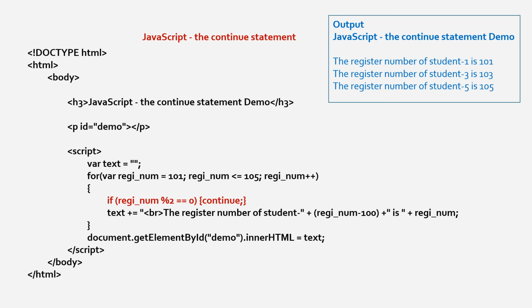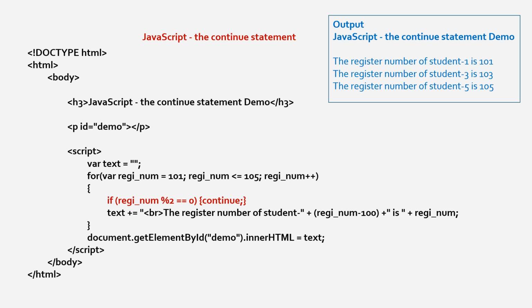That means it says to continue the loop, skip, no need to proceed further, you have to start the loop again. So 102 will not be printed, this statement will not be executed. It will start from the beginning of the for loop.